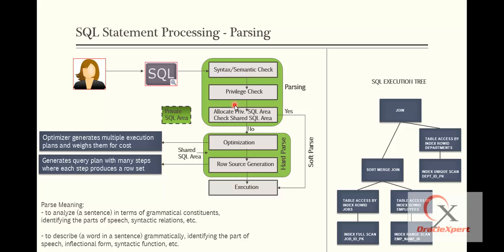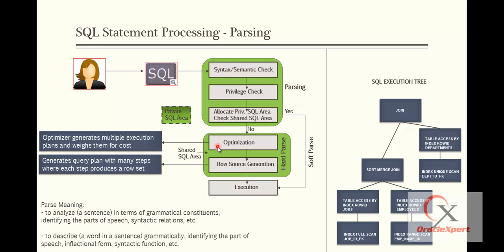And if it is already present, then I don't have to do the optimization, I don't have to do the row source generation, because somebody before her has already done the optimization and row source generation, which is already available in the shared SQL area for that particular user whenever he ran it. So my girlfriend gets benefited because there are things which are readily available, and directly from here it goes to the execution phase. Now whenever this happens, it is called a soft parse.